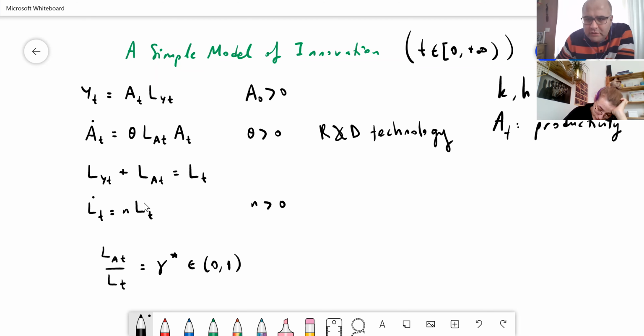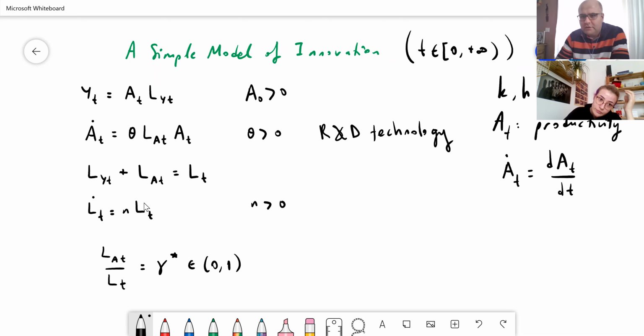So remember, by definition, this thing denotes the time derivative, right? So A dot (t) is the amount of new technology that is produced. And of course, we are here assuming that new technology directly makes the economy more productive, right? So if you have new technology, after that instant, you become more productive, right?